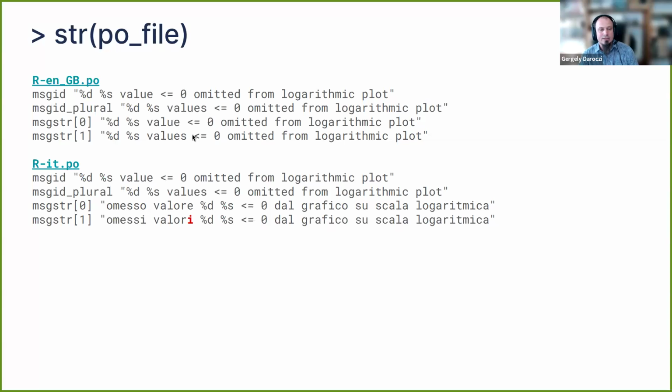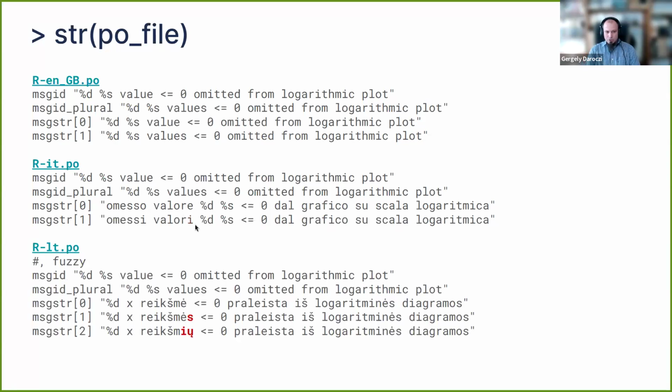In other languages, this can be similarly straightforward, like this is the Italian version of the same PO file. You can see that instead of the trailing S, we are using an I instead of the E for the plural form. But for some other languages, it can be much more complicated.